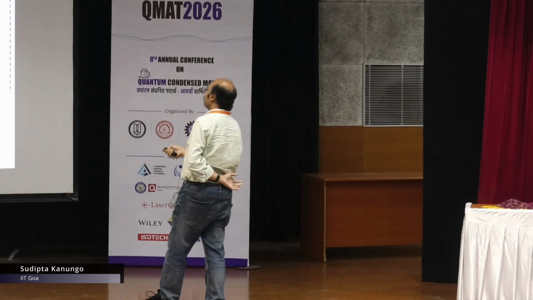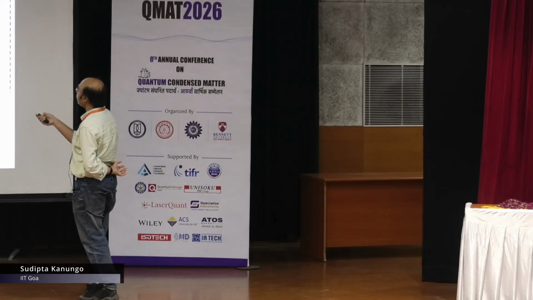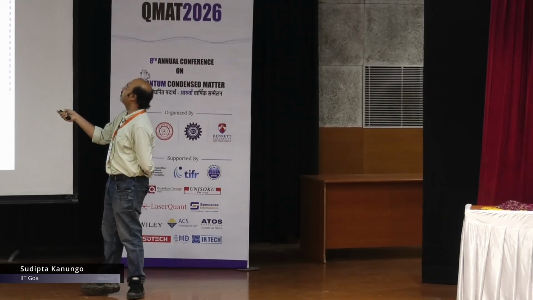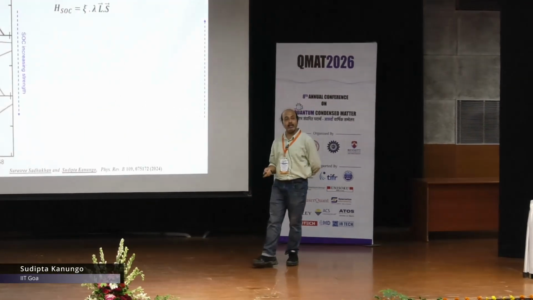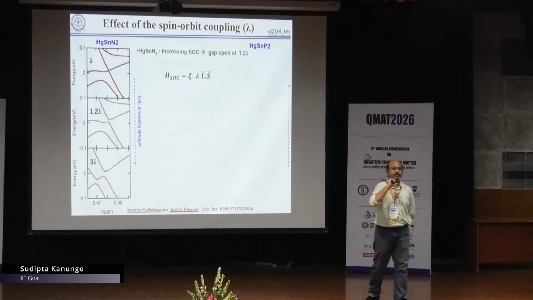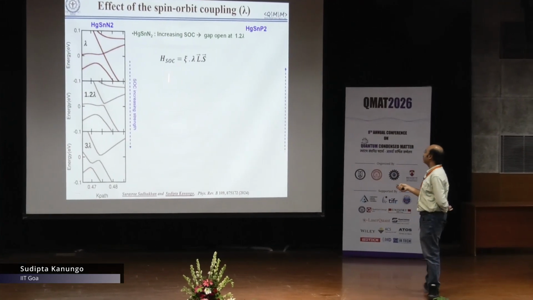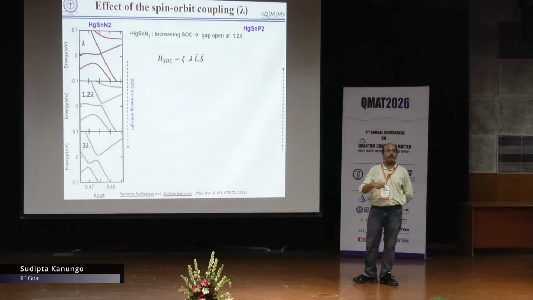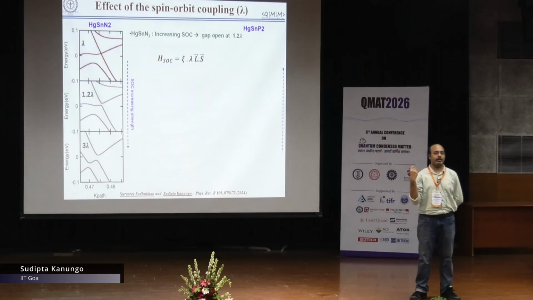But if we introduce a parameter in front of that and manipulate this parameter, effectively I am changing this. That's why it is written as 1.2 lambda, 3 lambda. I am not saying that this is the strength of the spin orbit coupling. I am just increasing a scaling factor of the spin orbit coupling. We basically manipulate it by hand in the calculation so that we can capture this feature.